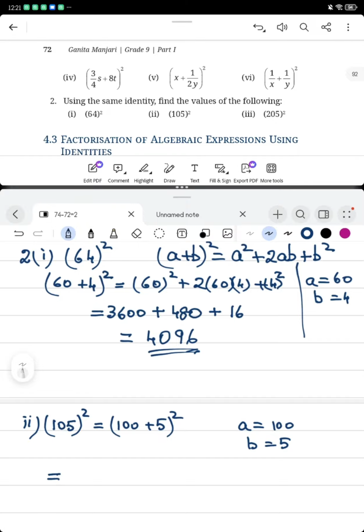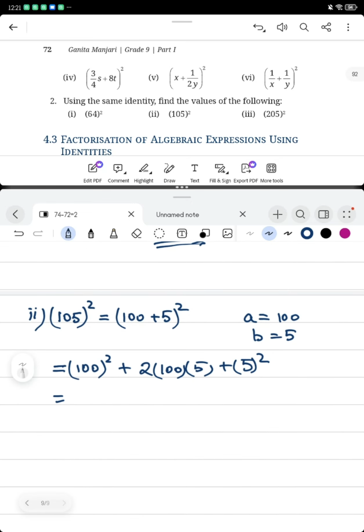Now applying the identity, it becomes 100 square plus 2ab plus b square. So it becomes 100 square. Please don't sit and multiply and get confused with the zeros and finally make a mistake. What you do is 100 square will be 100 and then 2 zeros, like the square of the 2 zeros is adding 2 more zeros.